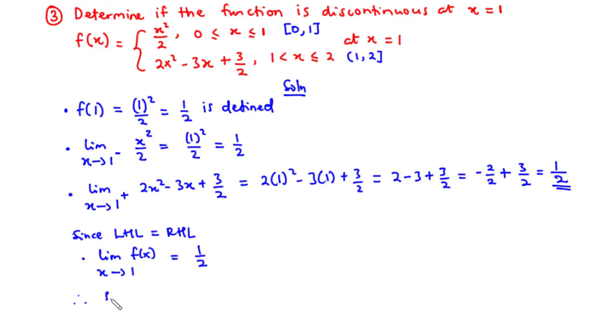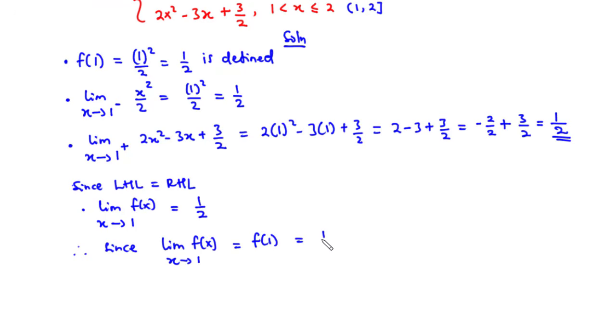Now, since the general limit of the function as x approaches 1 is equal to f of 1, it means that the function is continuous at x equals 1.